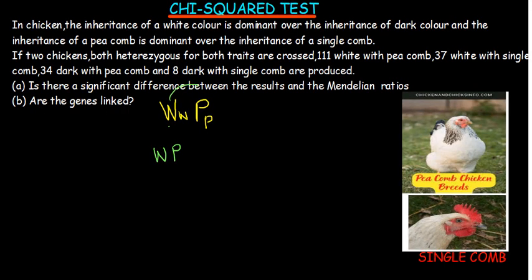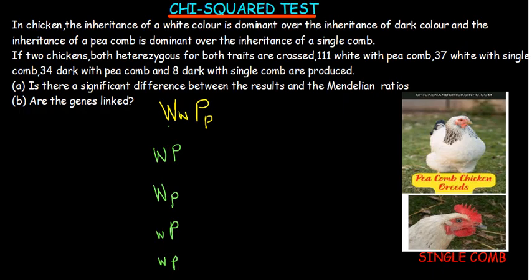And then capital W goes also with small p, so there is another gamete. Small w goes with capital P also. And then small w goes with small p. So these are the gametes which are present in one individual.